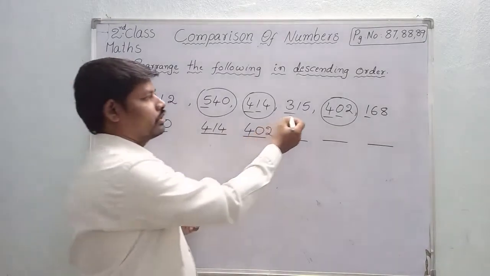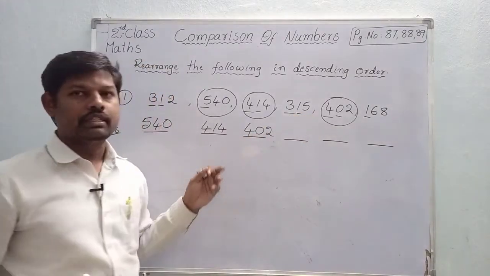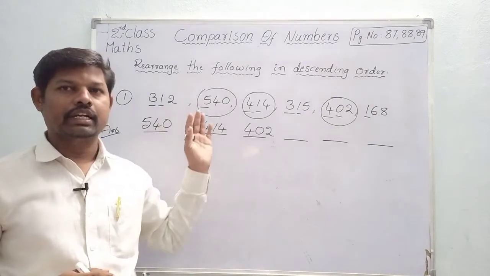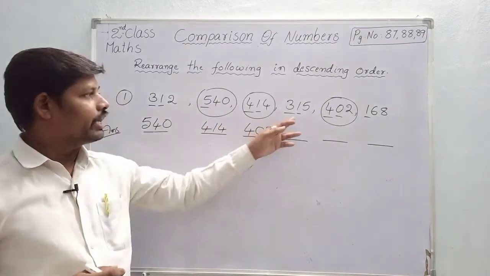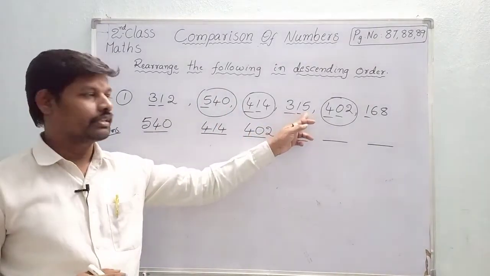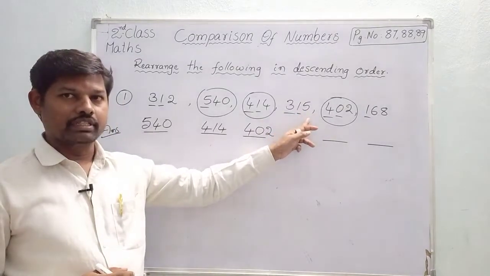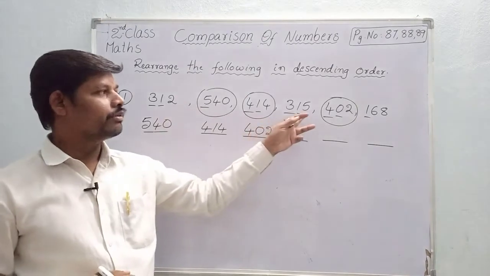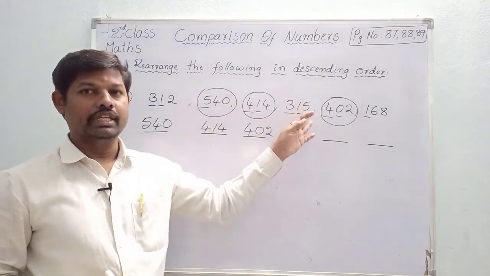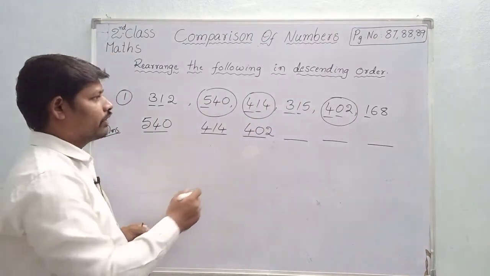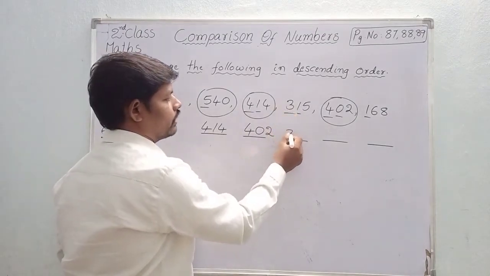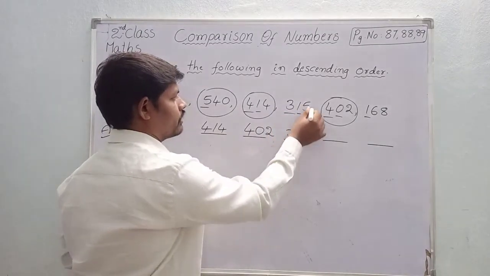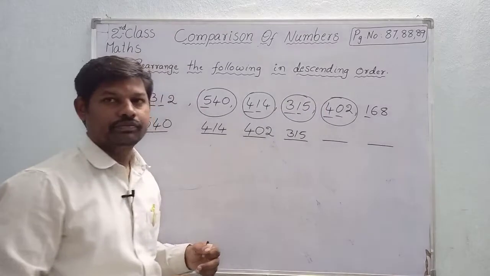That means both numbers have the same digits in hundreds place and tens place. Now we have to compare ones place. Here ones place 5 is there. Here only 2 is there. So which one is big? 5 or 2? 5 is big. So we have to write 315. So this is the next biggest number.